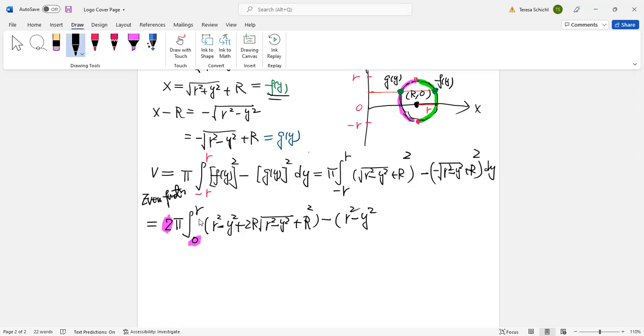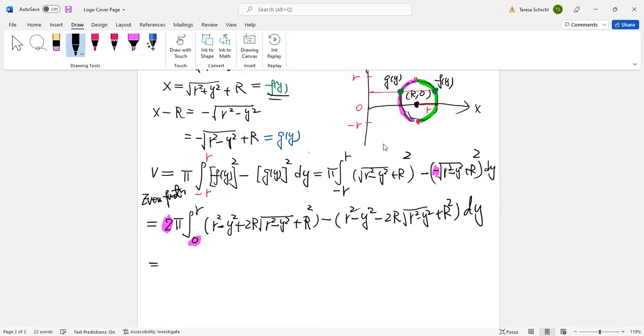This is r squared minus y squared minus 2r, because I have a negative sign here. So minus 2r times the square root of r squared minus y squared, plus R squared. That's what we get when we FOIL out the square terms here.